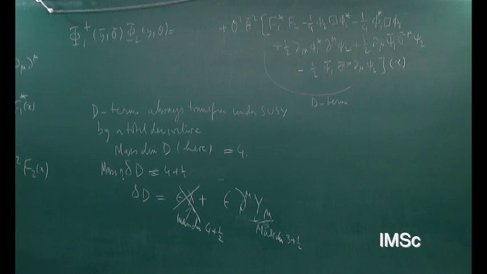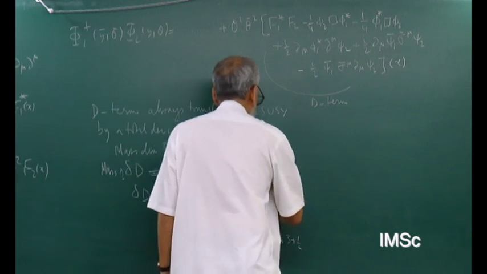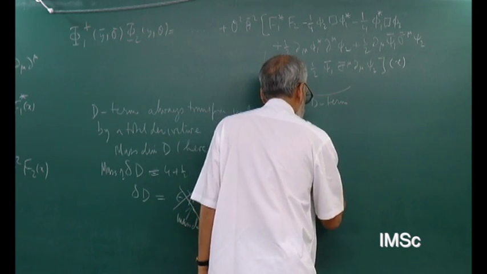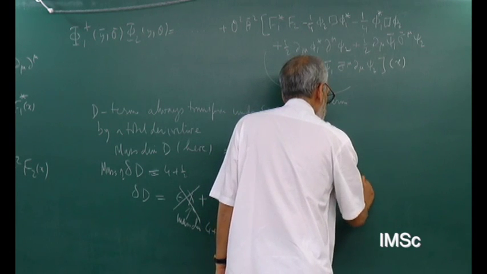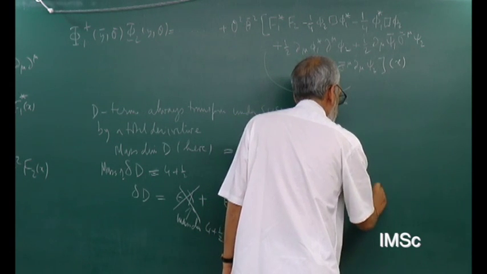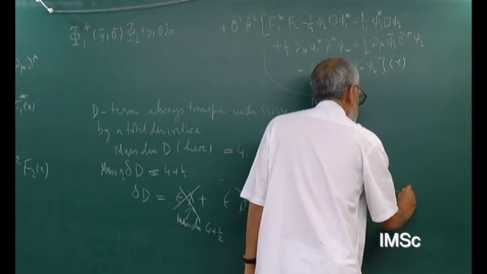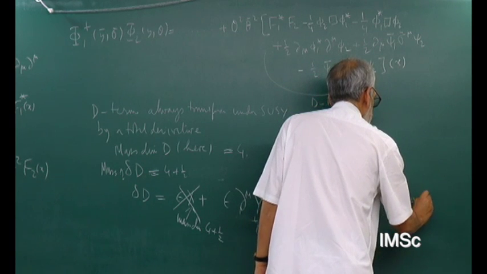So M is the coefficient of the theta square theta bar or theta bar square theta term.